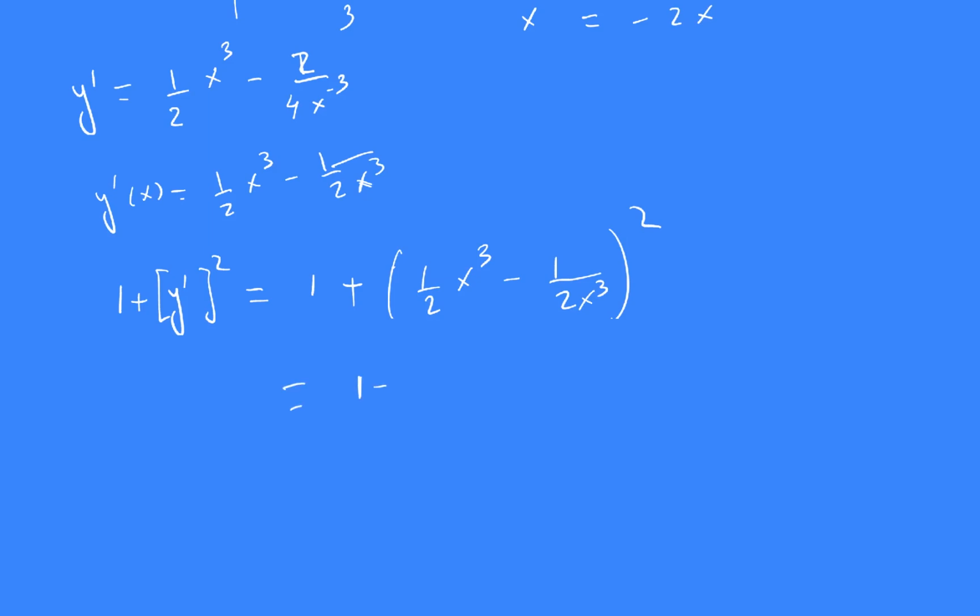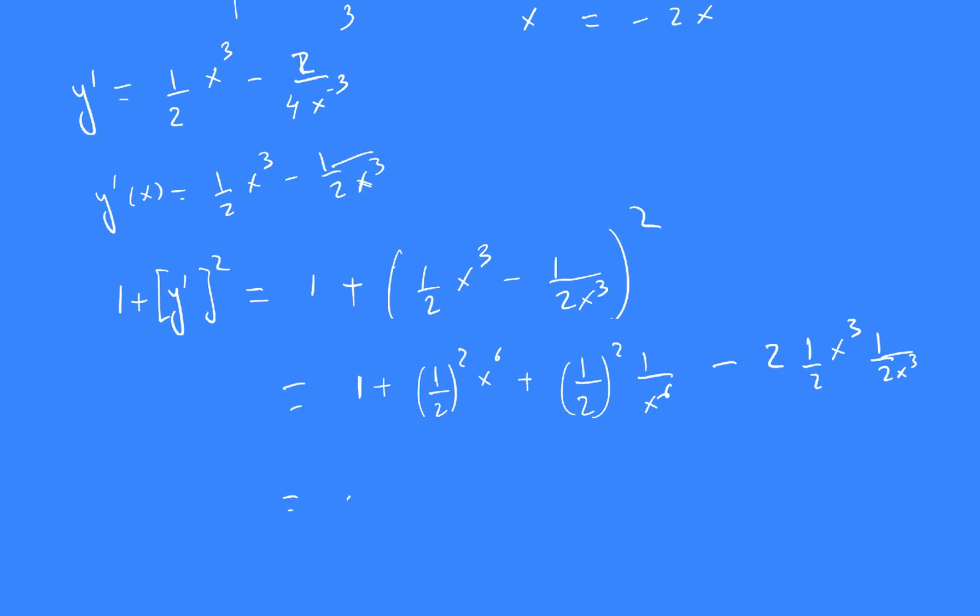So this will be 1/4 x to the 6 plus 1/4 x to the minus 6 minus 2 times the first by the second, 1/2 x cubed multiplied by 1/2 x to the minus 3.